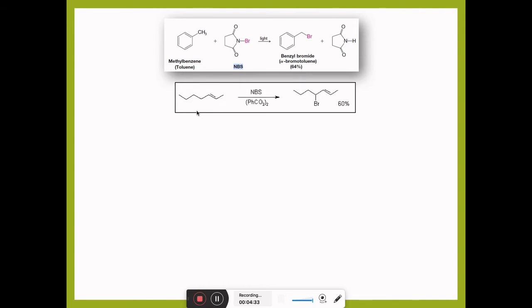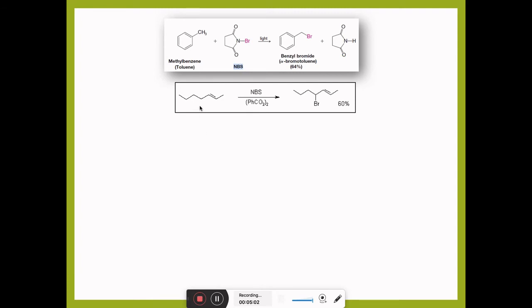The another one, this molecule alkene, when treated with NBS in presence of radical initiator, so now there are two allylic positions, this and this one. So as I said previously, the bromine will go to the carbon which is more substituted. So among these two, this is more substituted, which will form a stable radical.